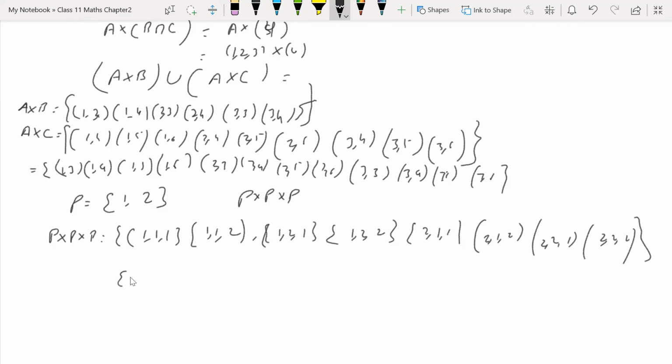How would you do this? Let's consider three sets: 1, 2; another set is 1, 2; one more set is 1, 2.